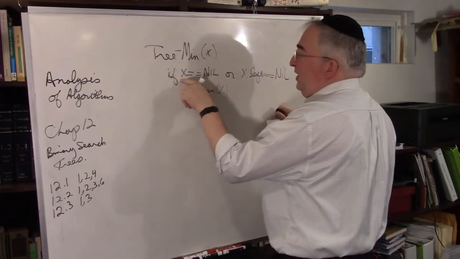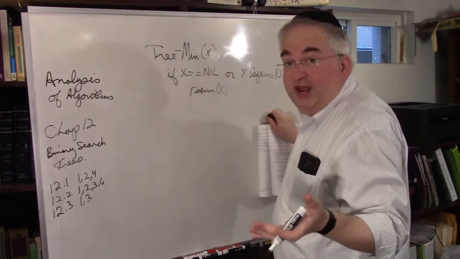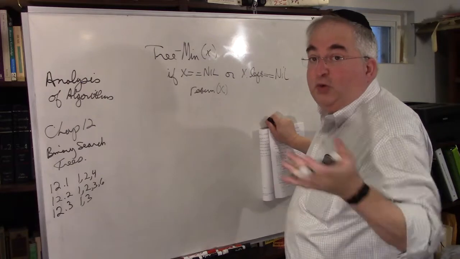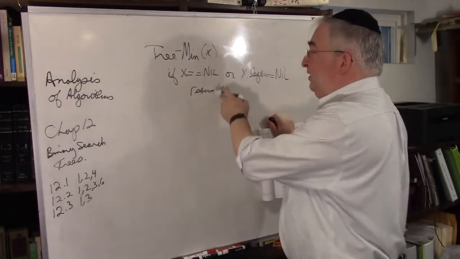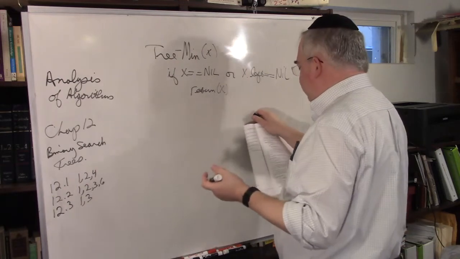Now this is funny. You're sending in a node that's nil. Well, that doesn't have any children for sure, so what's the minimum of nil? Answer, x. So it's going to return nil. It doesn't have a thing.